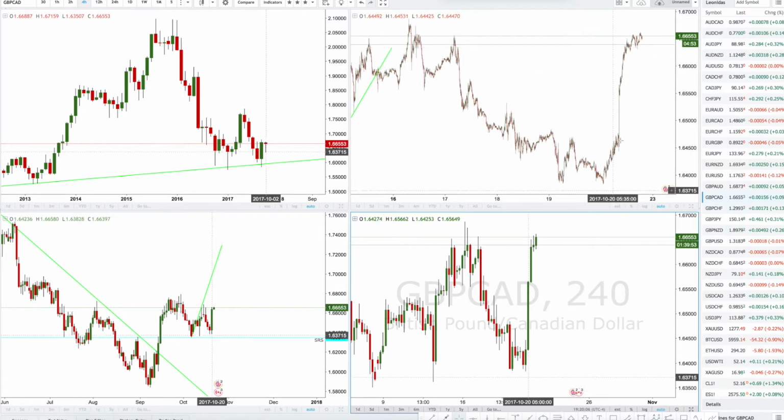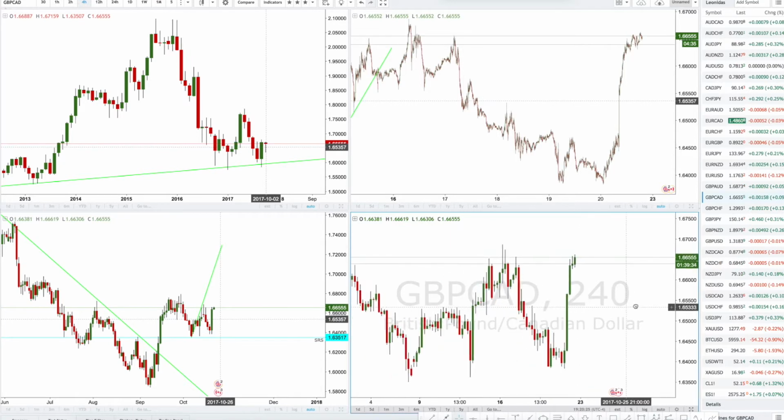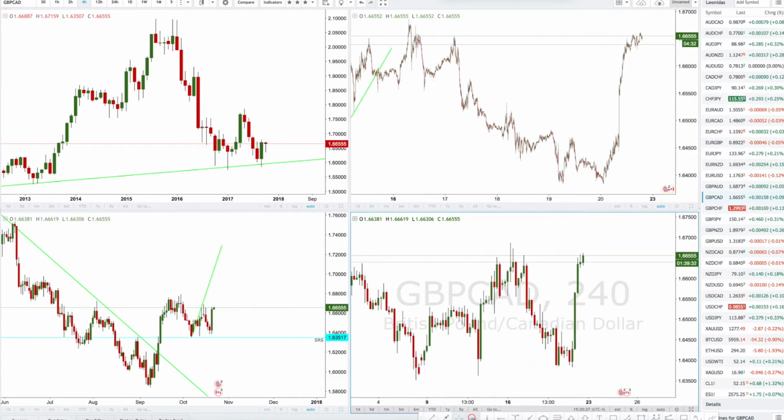So anyway, as I was saying, there's no easy way to enter GCAD. So I would be looking for the pullback, here can be anything. So you could be looking for a breakout and then a pullback, so SRS type of entry.